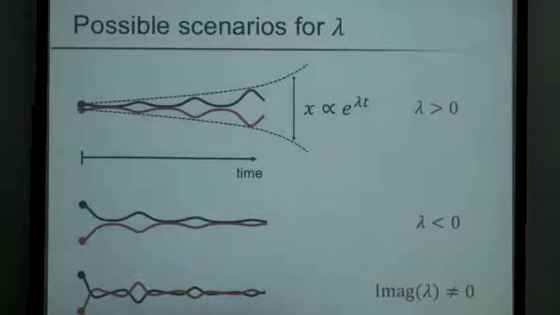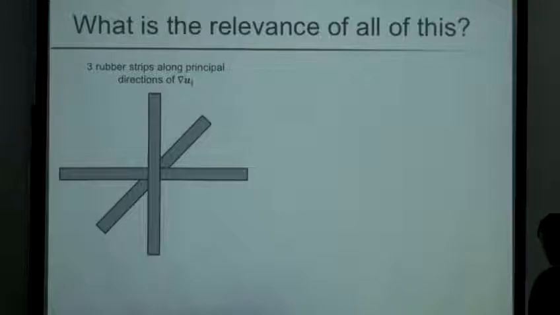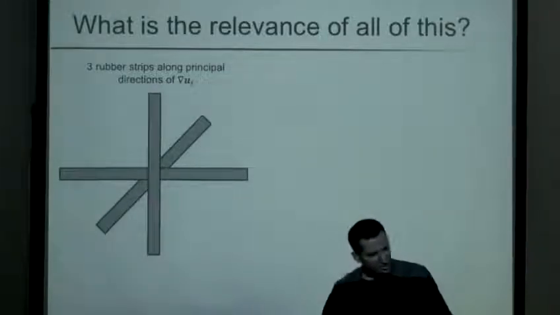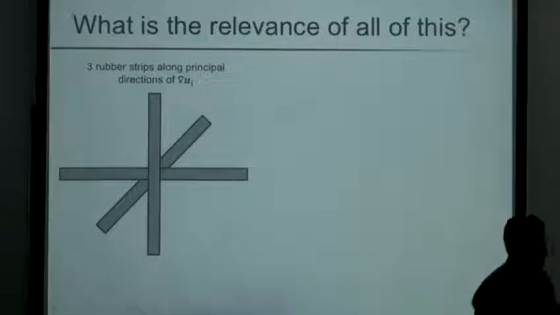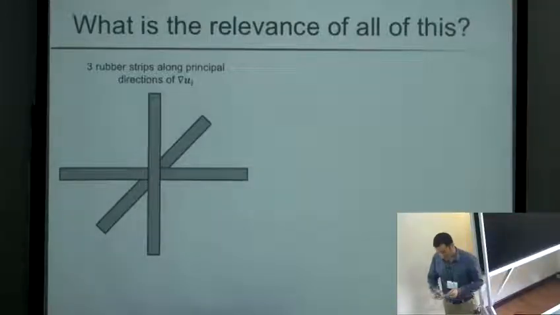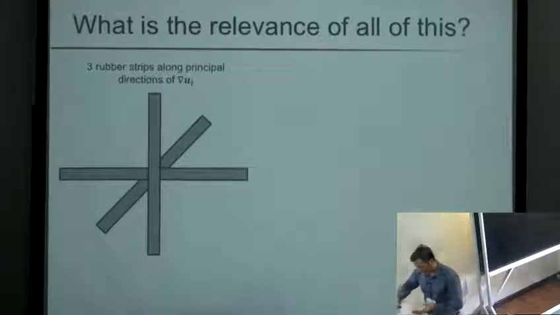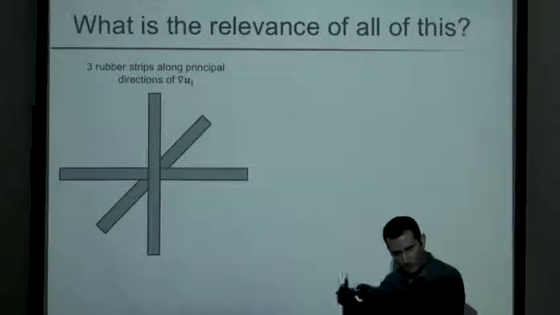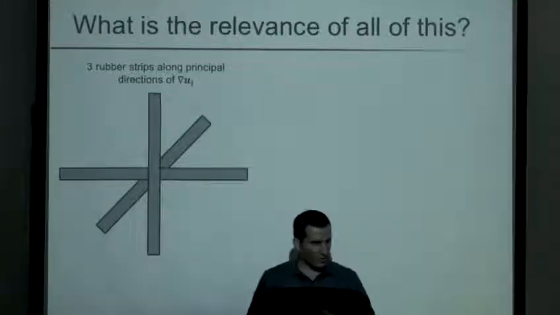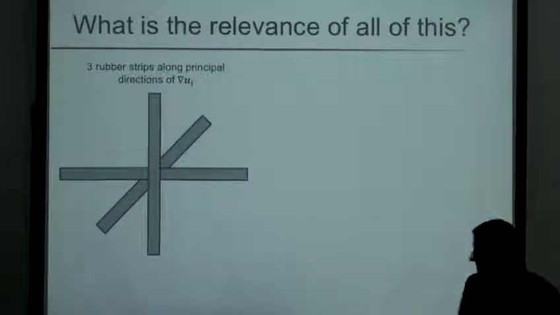So by this time, you might be asking what does this have to do with particle clustering in fluids? And the answer to that question is that what you're basically observing in a fluid is basically 3 rubber strips where the fluid is behaving the same way that I was describing earlier with that simple example.